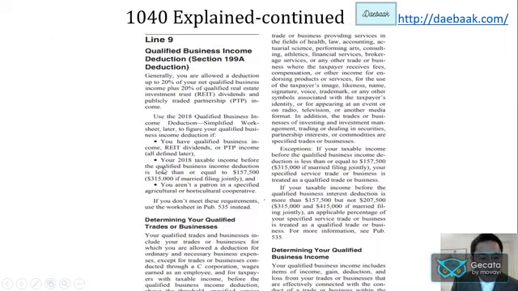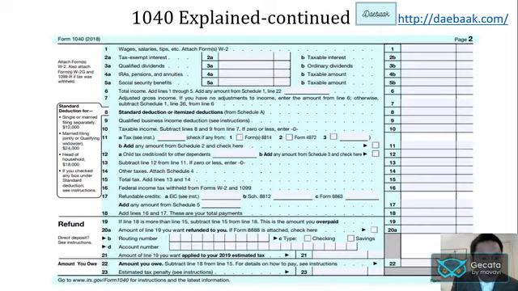Subtract line 12 from line 11. Other taxes, attach Schedule 4. This is in regard to self-employment taxes. I will explain to you in the next video. So you will arrive at total tax.